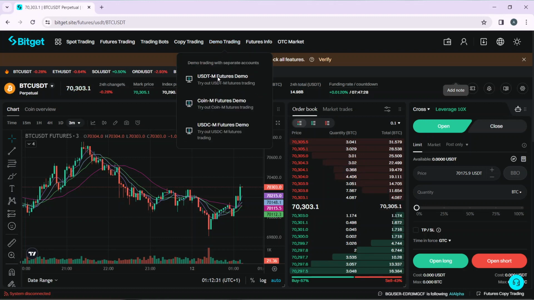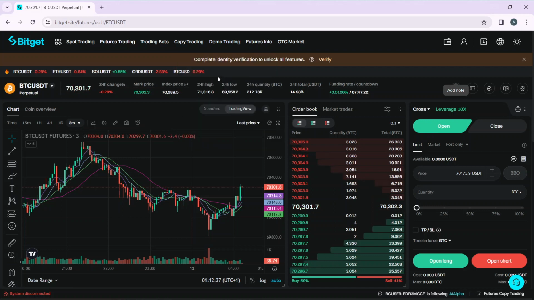So we're going to use USDT M futures demo. And then that's going to take us to the demo trading window.